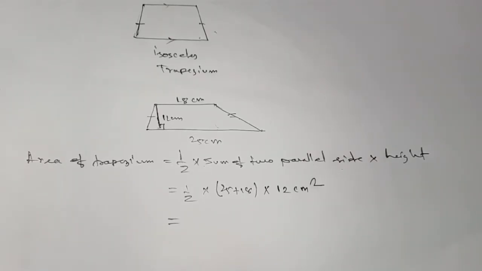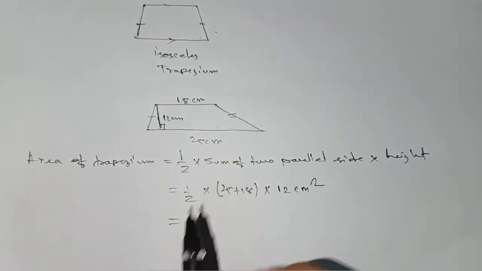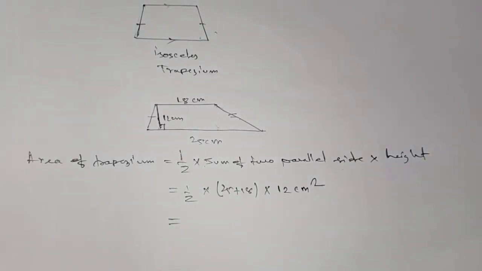But in the exam you may get this type of question, or a lengthy or long question where the data will differ. Here the height won't be given to you. You need to find the height and then find the area of trapezium.